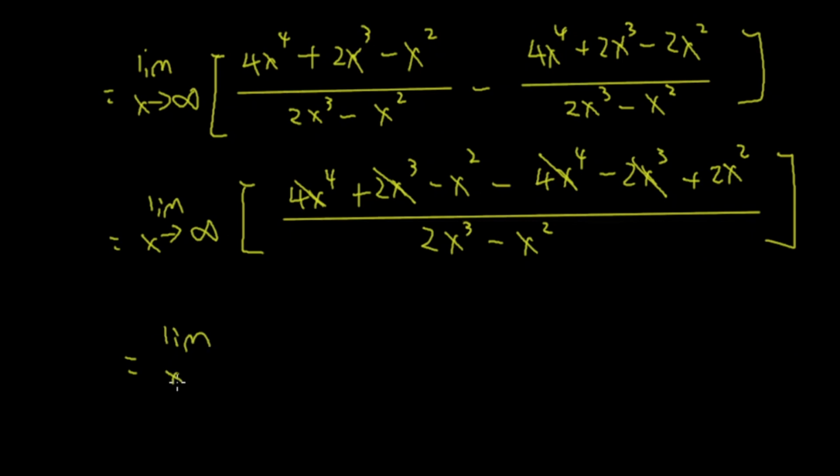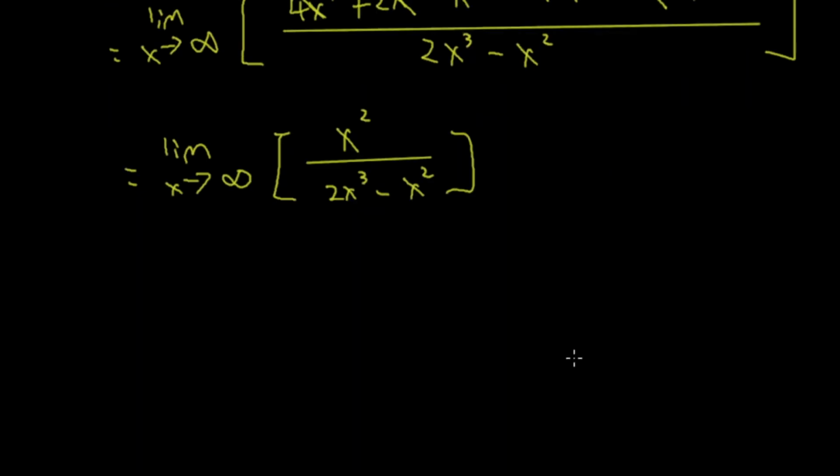So the limit as x approaches infinity of x squared over 2x cubed minus x squared. Okay, now you cannot directly plug infinity into x here, right? What we should do is divide the top and bottom by x squared first.